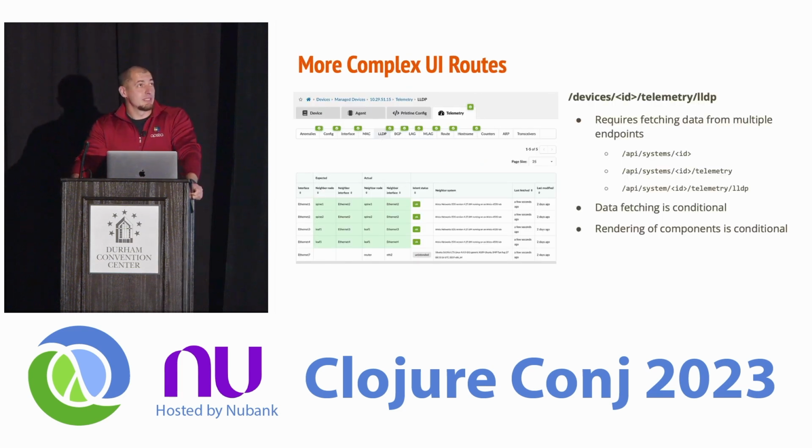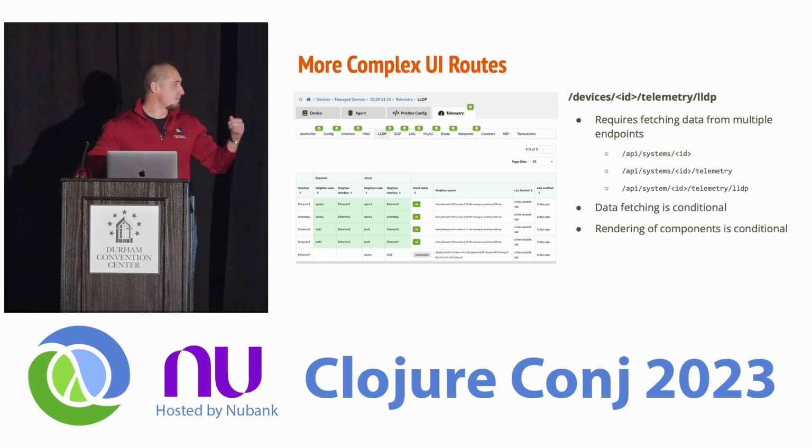The problem with defining routes is that it's easy when you start, but then there are more complex routes that you encounter in your application. Here is an example in which we need to render LLDP telemetry for a single selected device. In order to do that, we need to perform several actions in a sequence in which each next action depends on the result of the previous step.